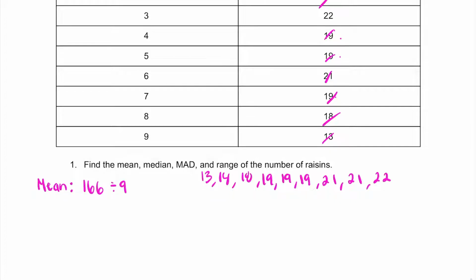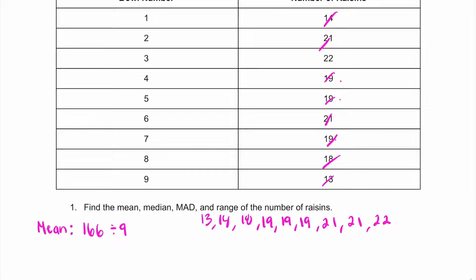I divide this by 9 because I have 9 numbers in total: 1, 2, 3, 4, 5, 6, 7, 8, 9. Let me double check this. Okay, good. So 166 divided by 9 is what you're going to write down. I would get into the habit of rounding to the nearest hundredth, because that's pretty standard in high school. So it's approximately 18.44.